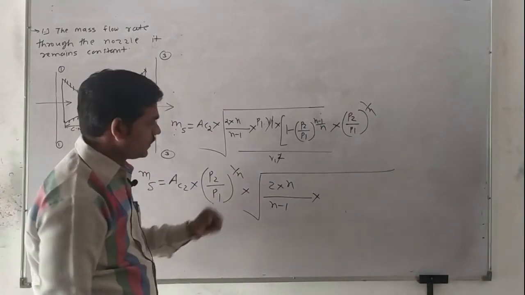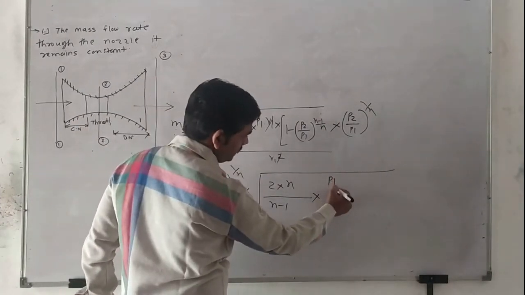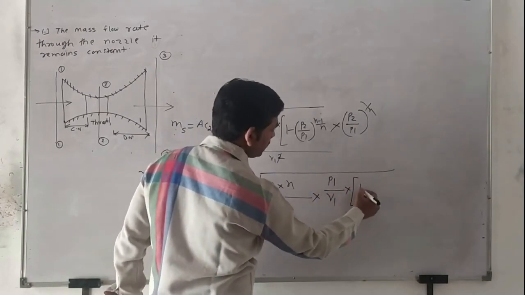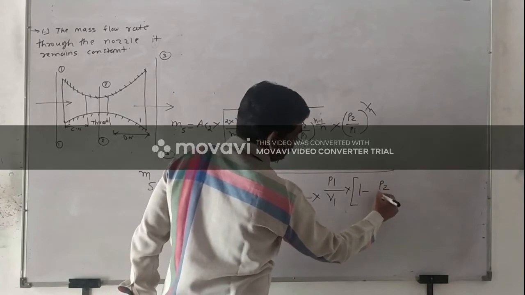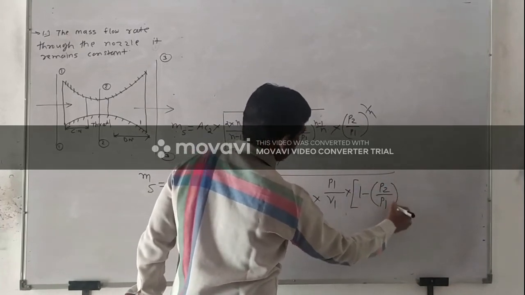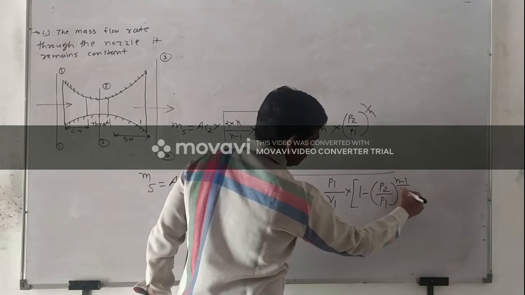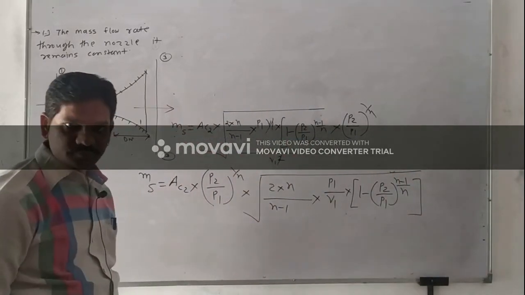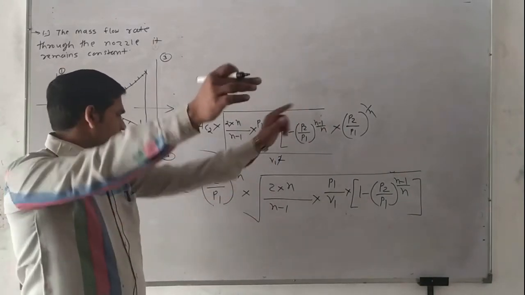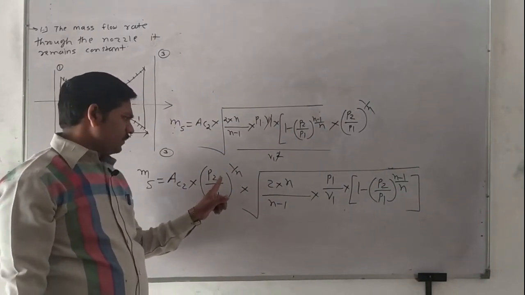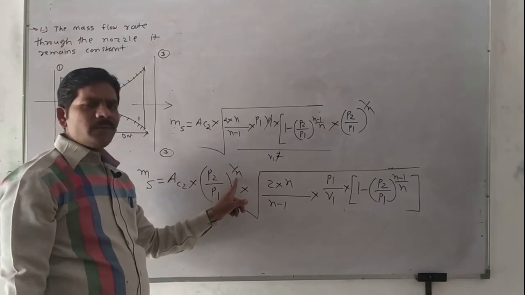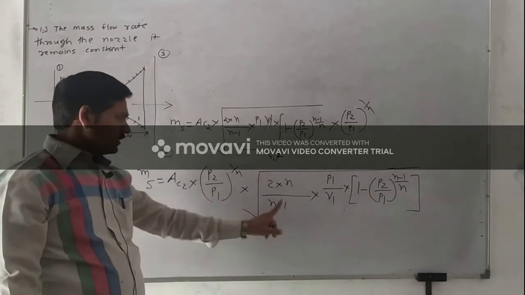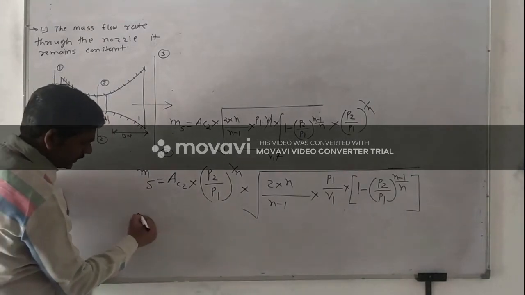After cancelling, what is remaining is P1 V1 into the inner bracket 1 minus P2 upon P1 to the power n minus 1 upon n, bracket complete. Then later we multiply this complete bracket by P2 upon P1 to the power 1 by n, under the square root.